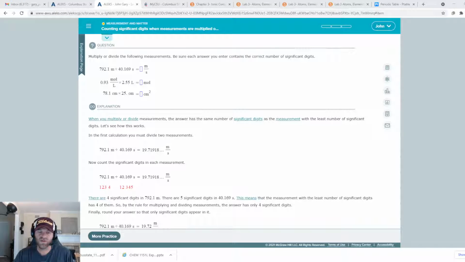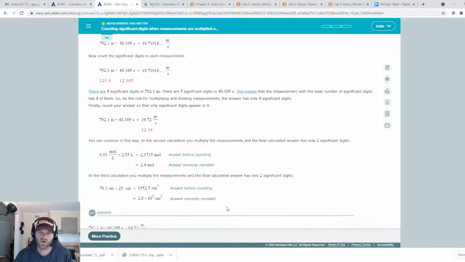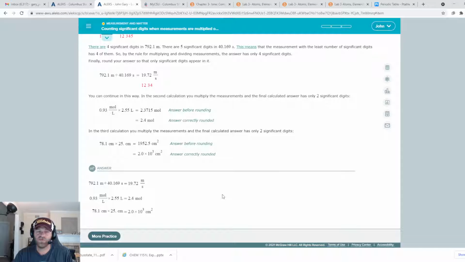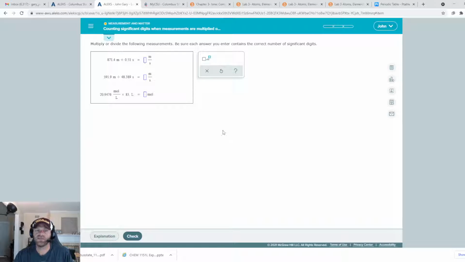Once you click on that, it'll show you a problem very similar to what you're going to work, and it'll go through, show you how to work it, and give you a practice problem with the answers at the bottom. So you can go through, test yourself, make sure you're doing it correctly, then click on more practice, and when it takes you in, you're back working on Alex.